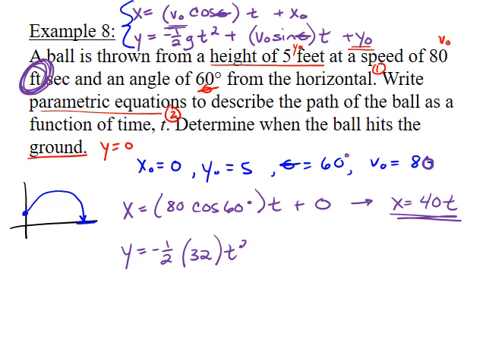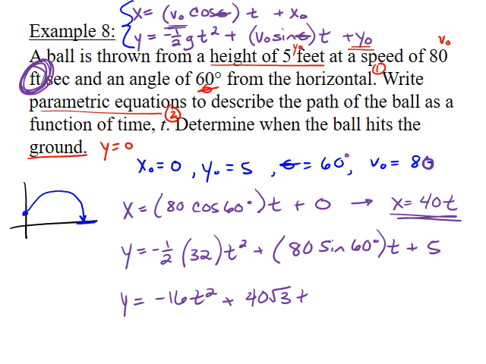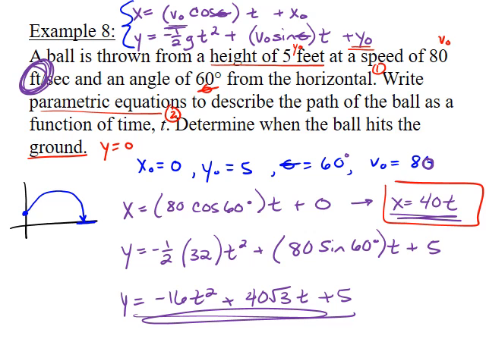This is multiplied by t squared plus 80 times sine of 60 degrees times t plus an initial height of 5. Okay, now I'm going to simplify this, and I get y equals -16t squared plus 40 times the square root of 3 times t plus 5. So this and this together give us our parametric equations. So we have just solved part 1.